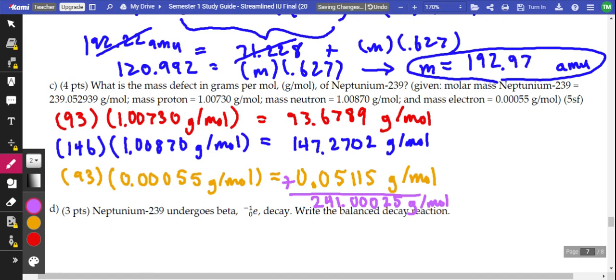Okay, so this is what the mass of this atom or isotope or mole is, or the mass in grams per mole. This should be for neptunium-239, but instead it's this 239.052939. So this is the actual mass.